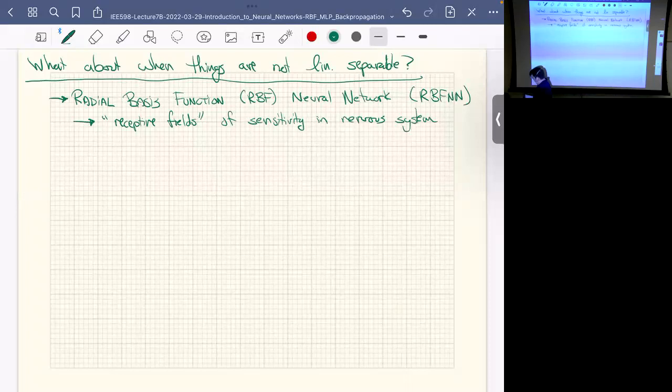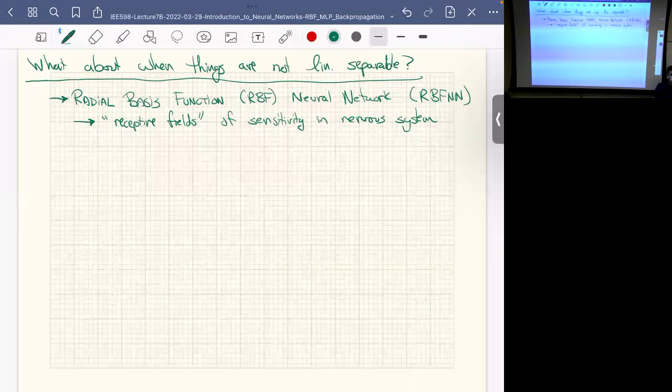So this is the idea that you might have, let's say, sensory neurons in your skin that are only responsive to a small area of space on your skin.